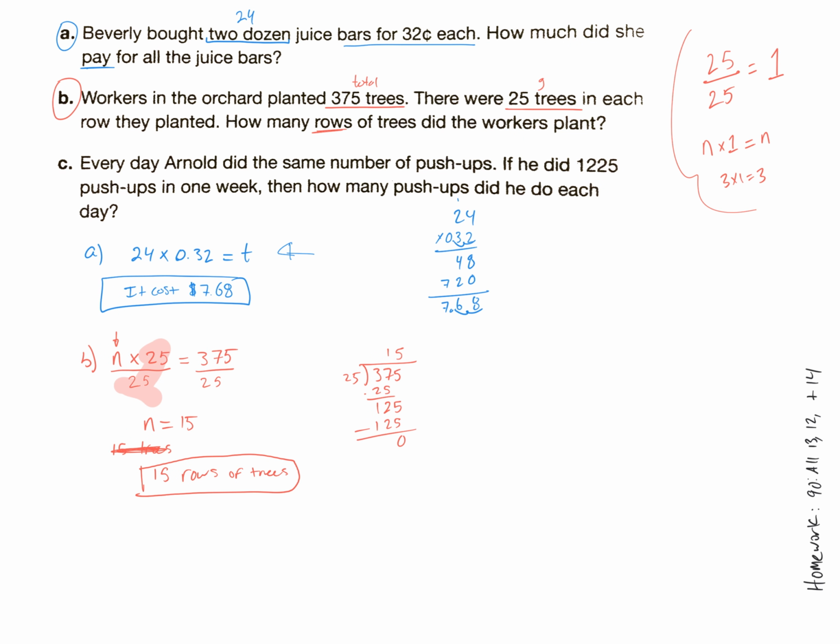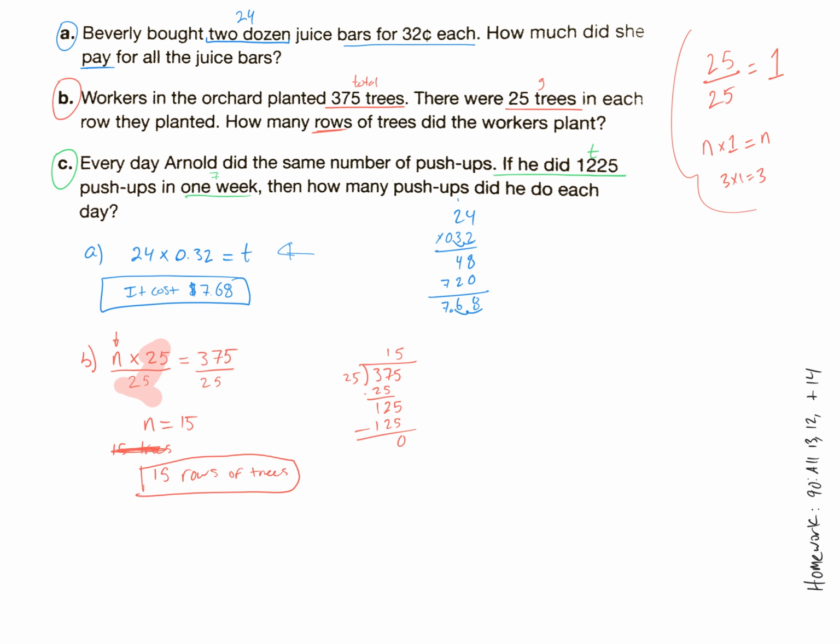Let's see if I can squeeze part C on here. Every day, Arnold did the same number of push-ups. If he did 1,225 push-ups in 1 week, remember 1 week is 7 days, how many push-ups did he do each day? Again, this gives us the total at the end of 7 days.